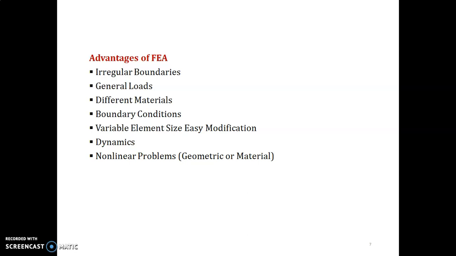You need to solve 6 by 6 or 4 by 4 stiffness matrices, and the order of the matrix varies depending on the boundary condition. As the order of the matrix increases, the computational time required will definitely be very high.